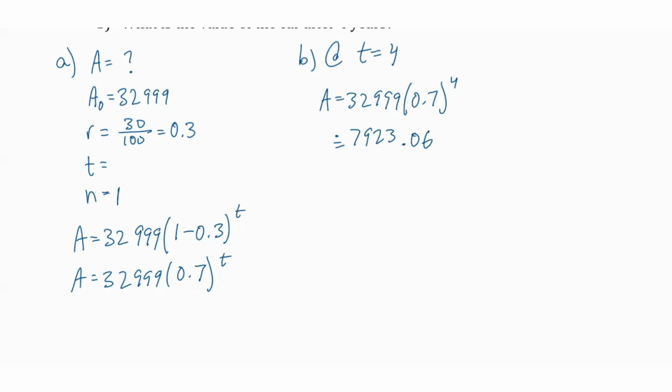It was 0.599, so round to 0.6. That is an incredible loss of value. Isn't that amazing?